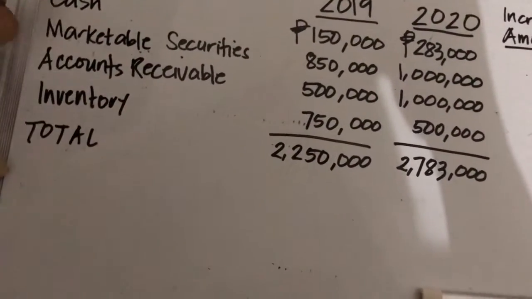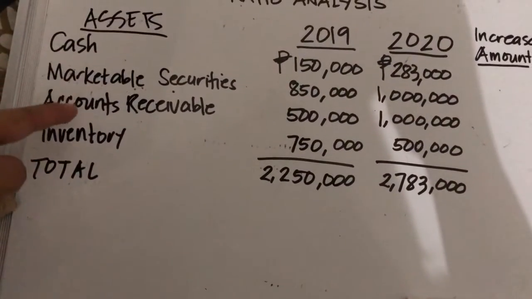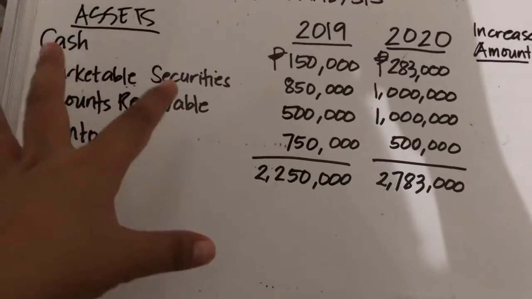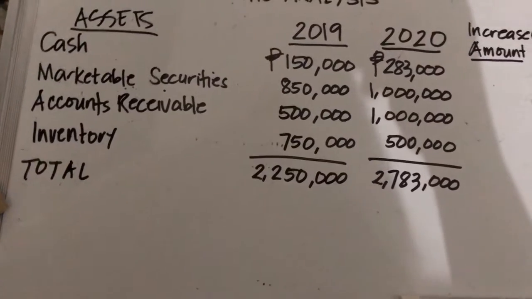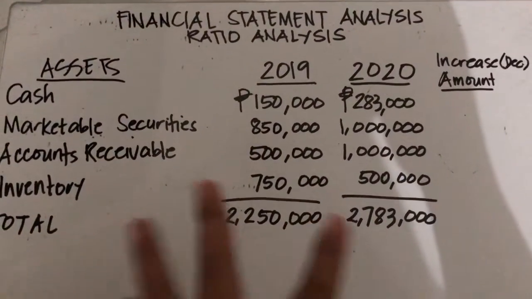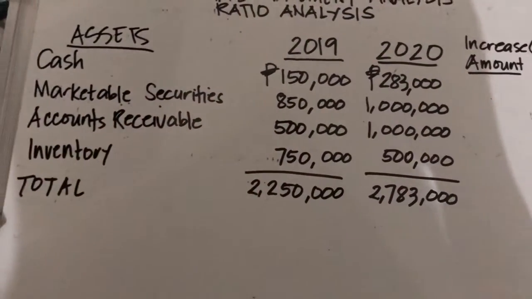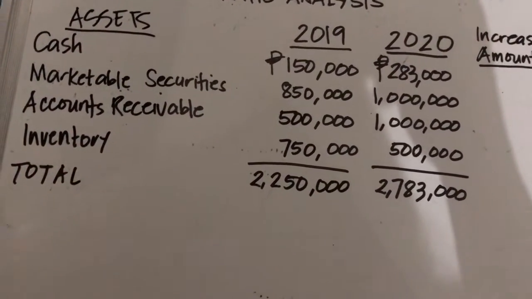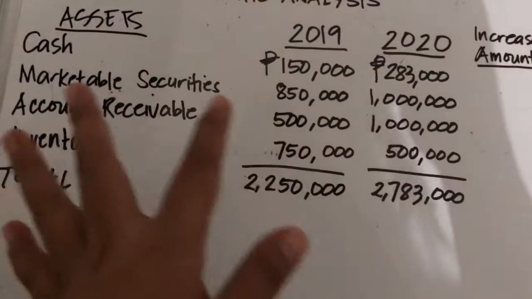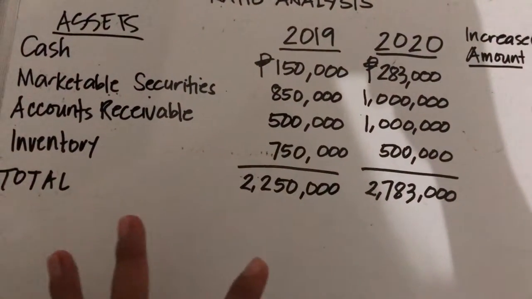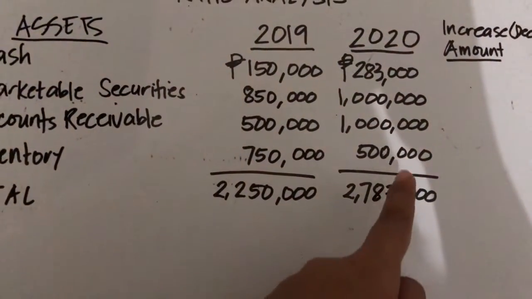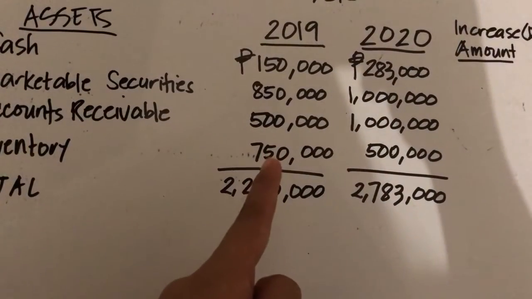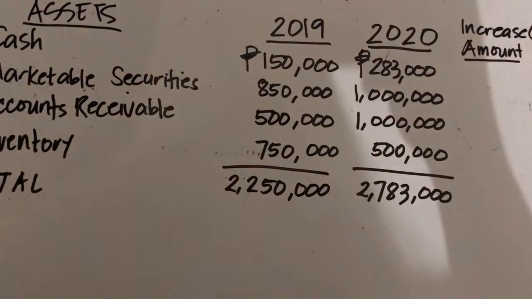So, ito yung mga cash, marketable securities. Ito, sa balance sheet nyo siya makikita. So, paano ba tayo nag-analyze ng financial statement? We have comparative statement. So, yung comparative statement, presentation siya ng financial information for the current year and previous year or previous period.